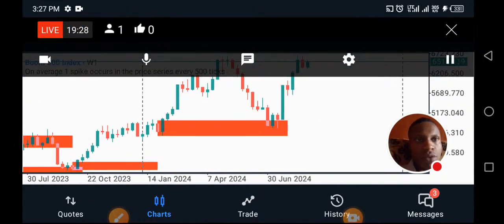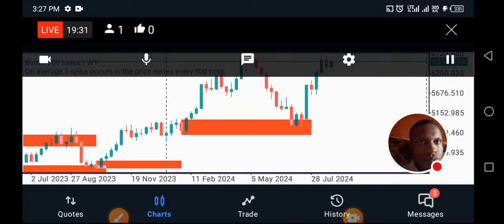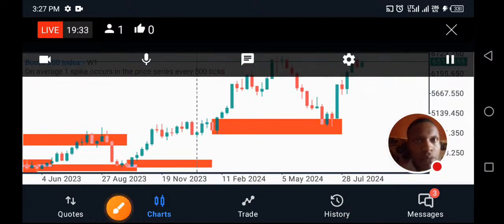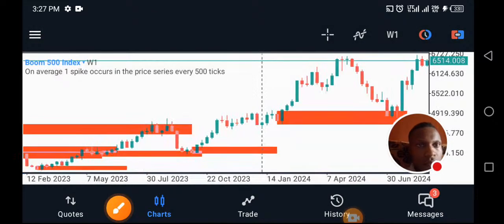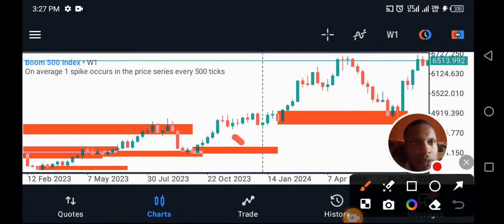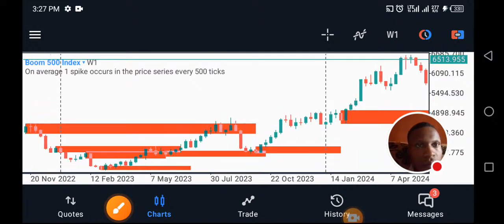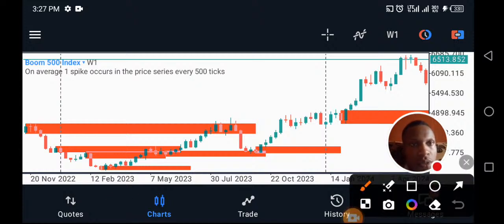If we look very well, we notice that this particular order block here was respected. Here price did not come to test this order block. This particular order block was respected.